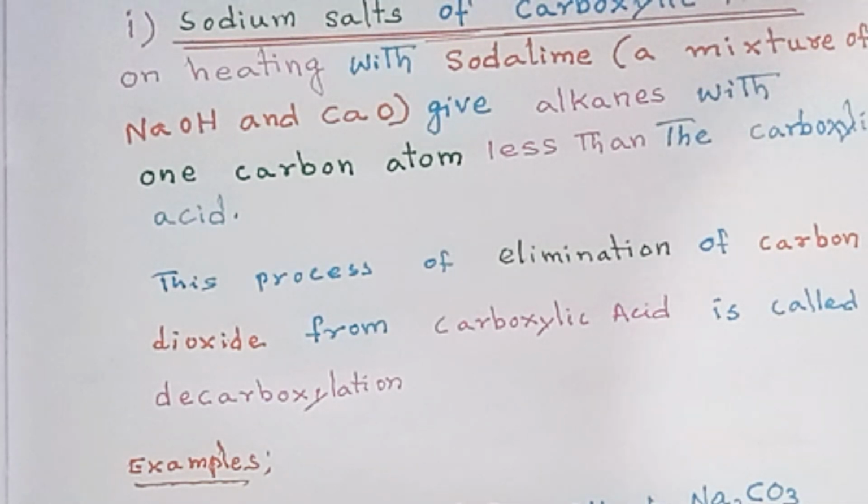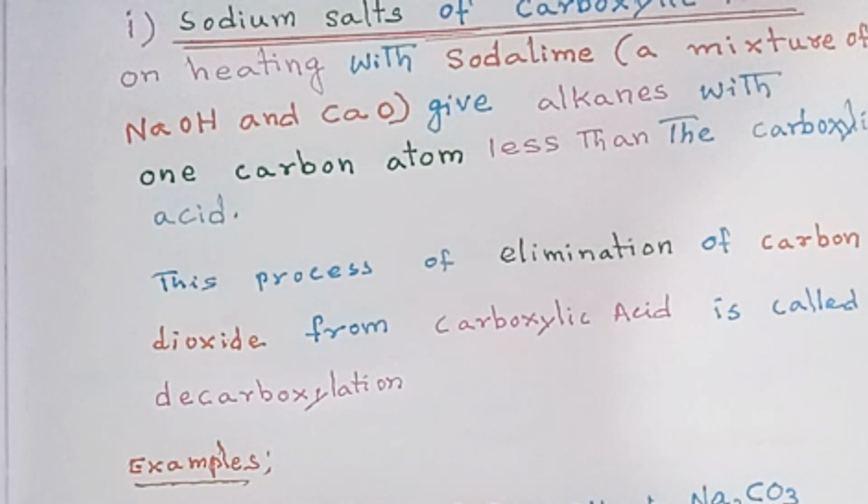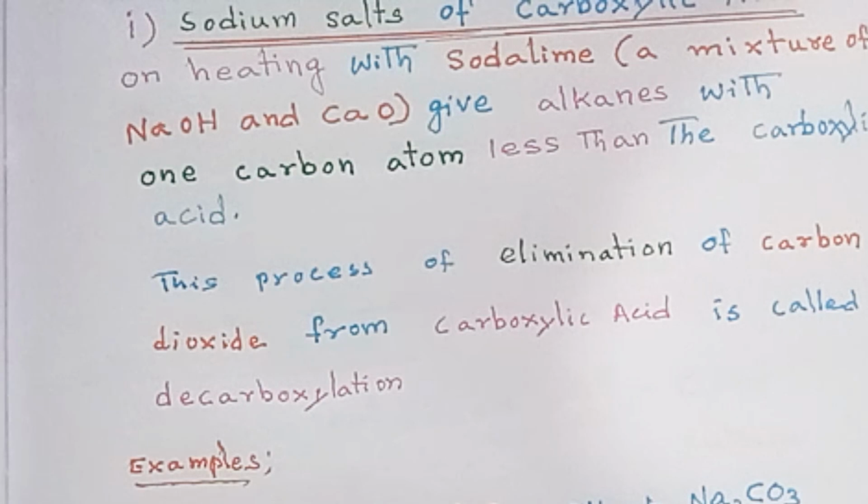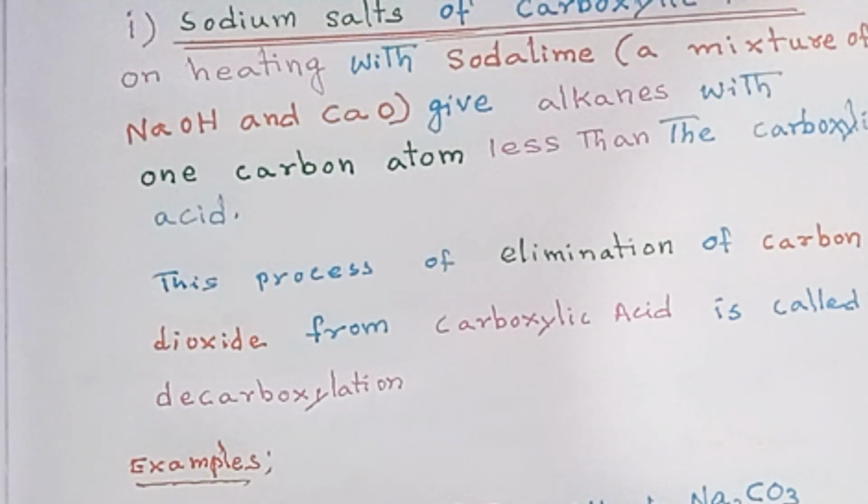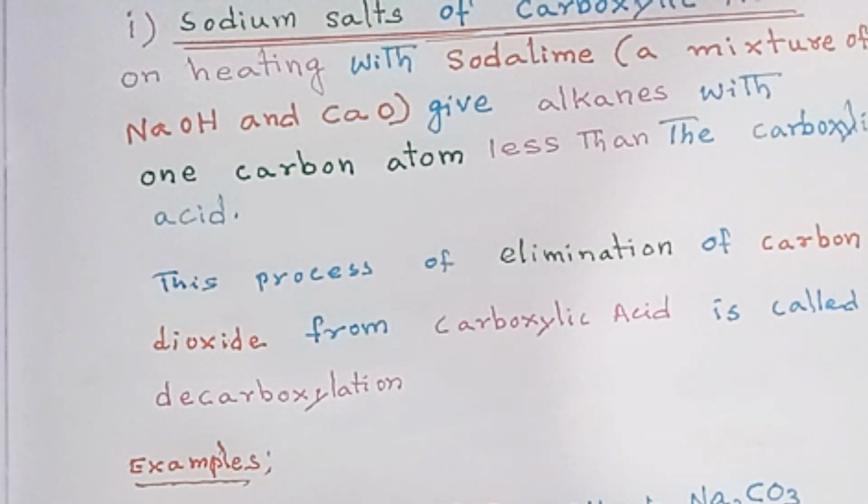Sodium acetate's molecular formula is C2H3O2Na. So, when this reacts with sodium hydroxide in presence of calcium oxide on heating, it gives CH4. There are two carbon atoms here, and there is one carbon atom here.